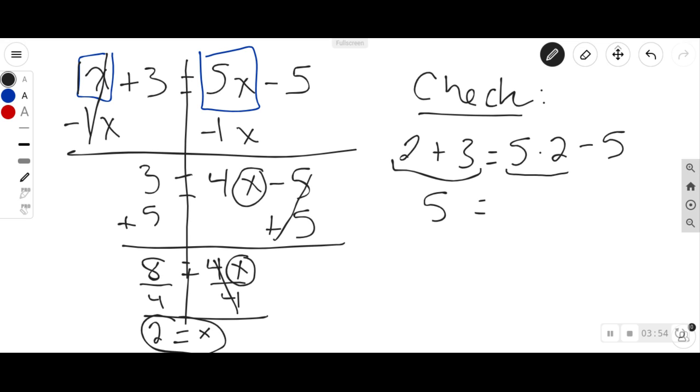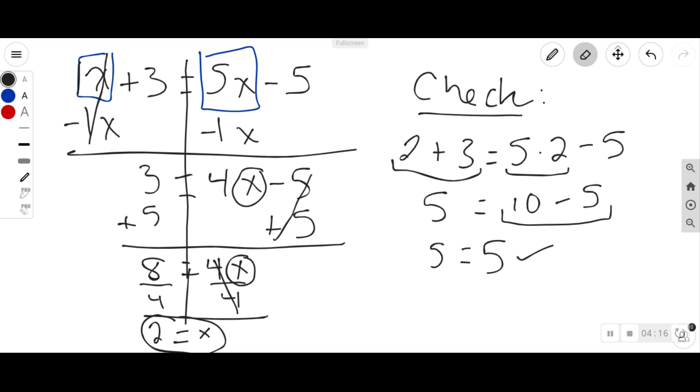I'm going to do the first part of the right side, that's a 10. Drop the minus 5. Then I'm going to do the remaining calculation. 10 minus 5 is 5. They both worked, so it checks. So 2 is not just our answer, but it's also our solution because it checks.